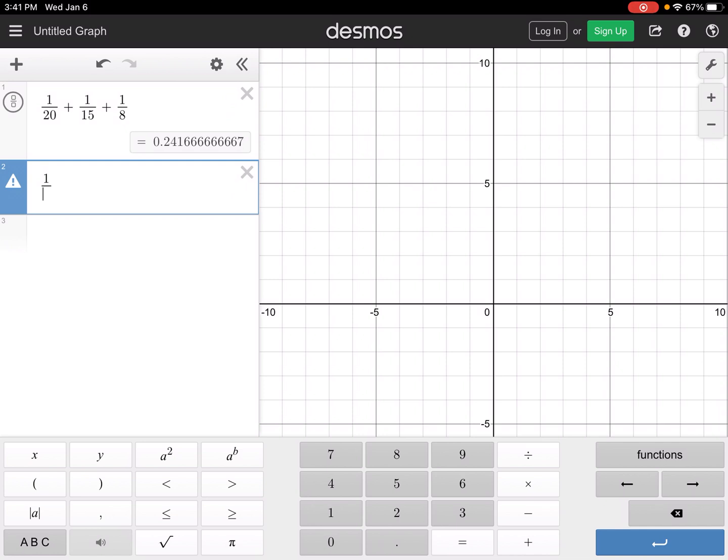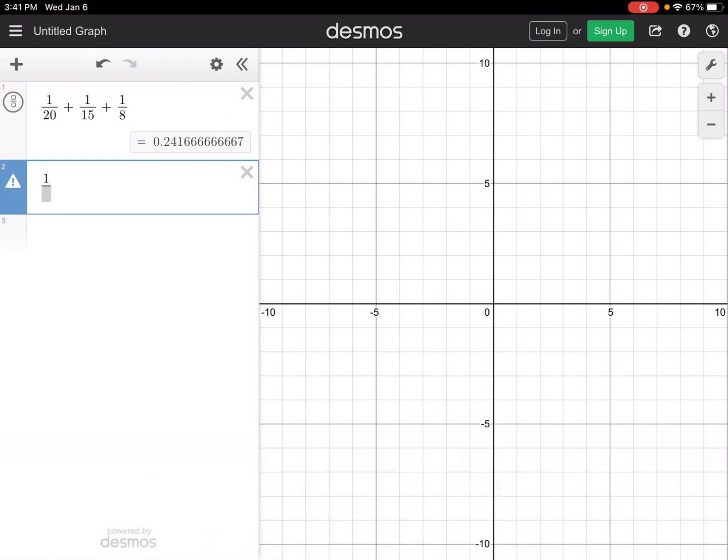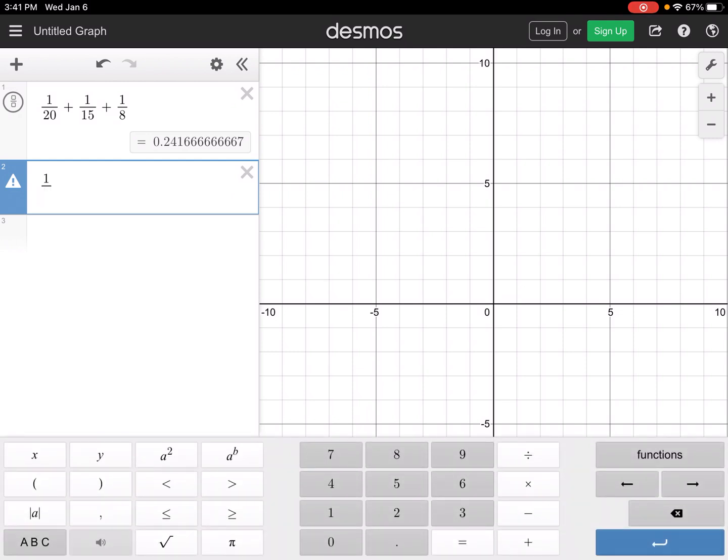Let's just go 1 divided by 0.242. I just rounded it off to 0.242 instead of 0.2416666 with various 6s and a 7.